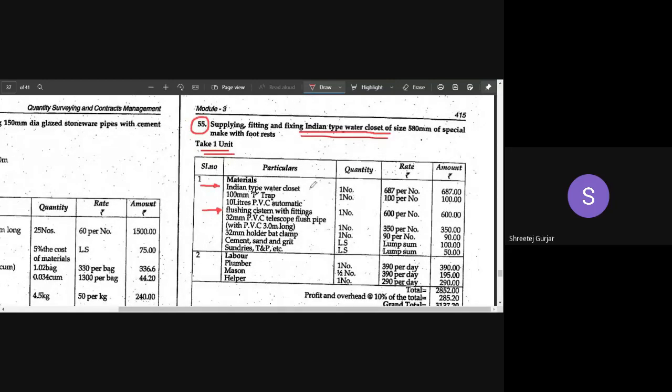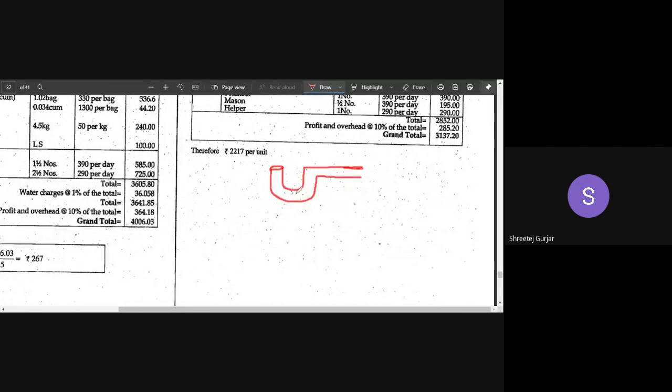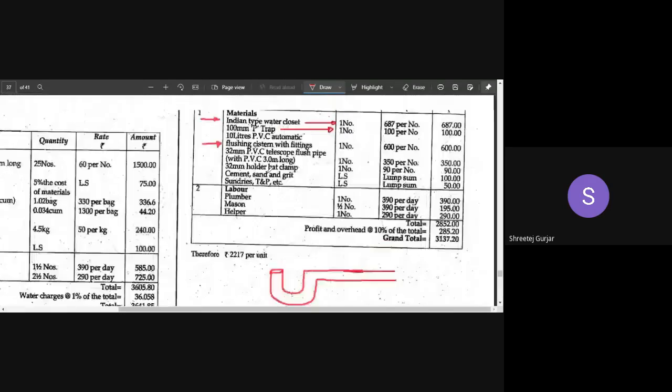So we need one Indian type water closet. Then we need a P trap. I hope you remember what a P trap is. This is the P trap which you provide right below your Indian type water closet, the pipe which then goes to your drain. So this is the P trap which we require.